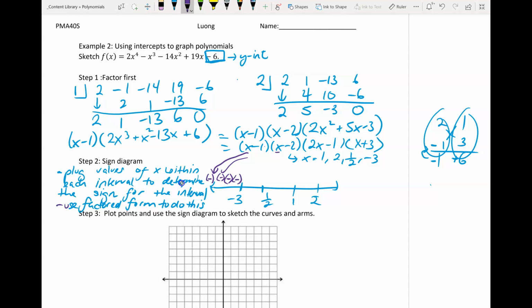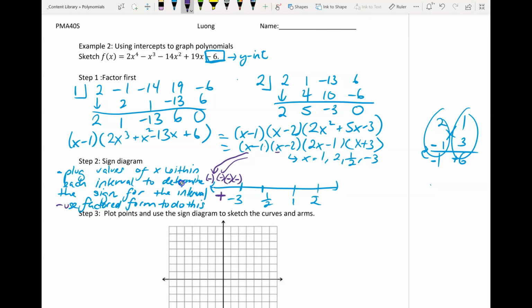I don't need to figure out what the number is, I just need to know if it's going to be positive or negative within each of these factors. And we found out if you plug in x equals -4 into each of these, they are negative. So overall, a negative times a negative times a negative times a negative is going to be positive. So from negative infinity to -3, it's positive, which means that my arm needs to be above the x-axis.